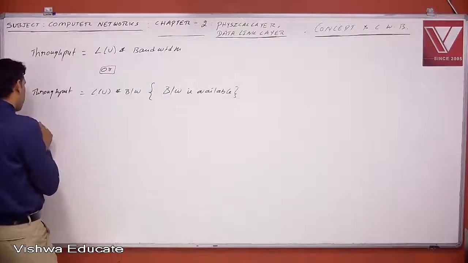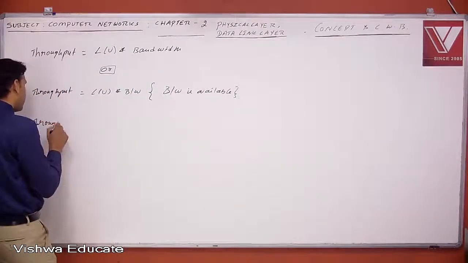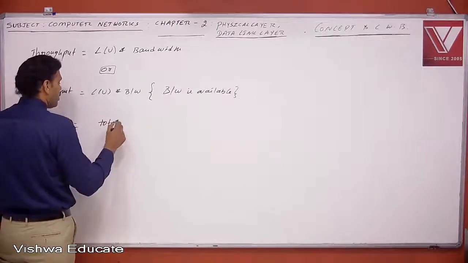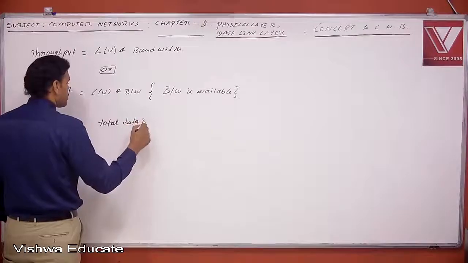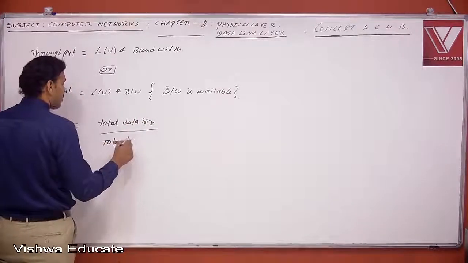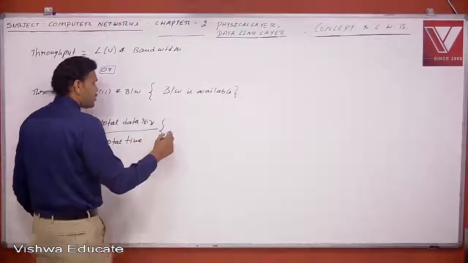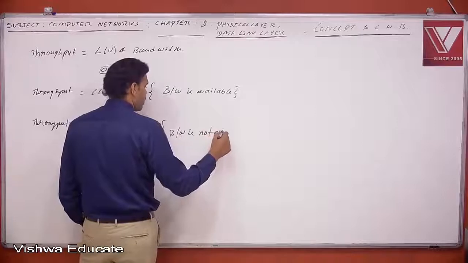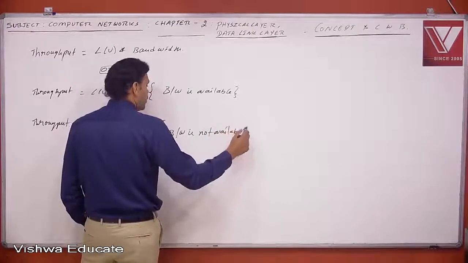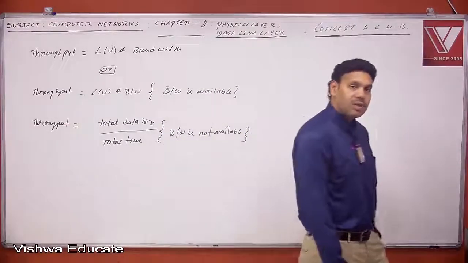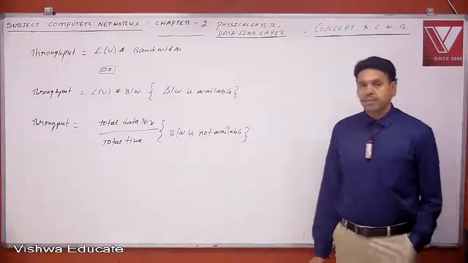And the other one is throughput equals total data size divided by total time, which is used when you don't know bandwidth. If bandwidth is available, you go to the first equation. If bandwidth is not available, you go to the second equation.